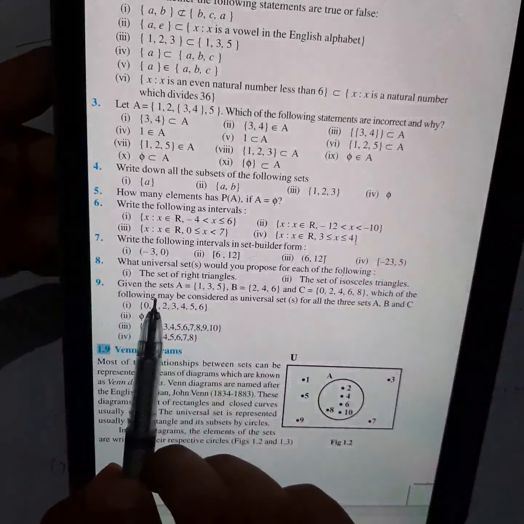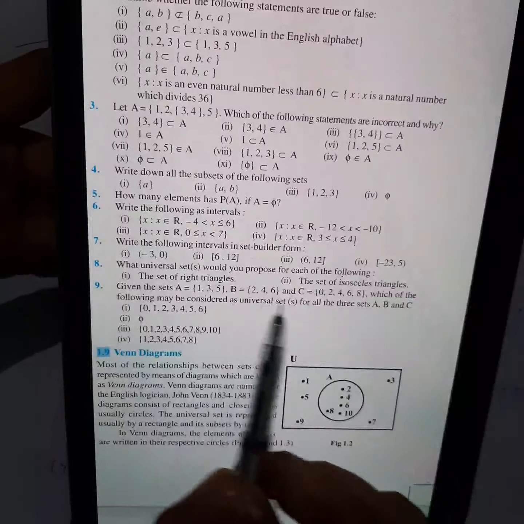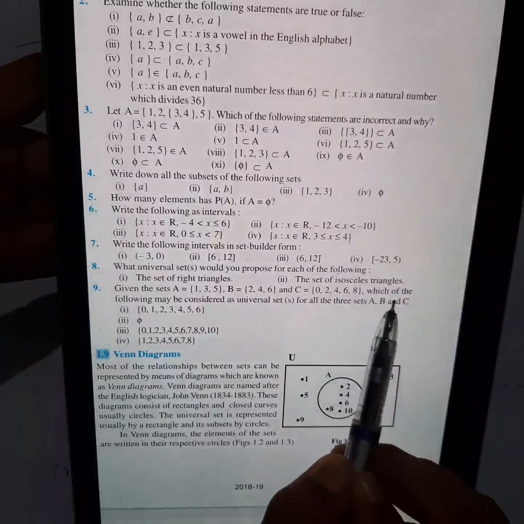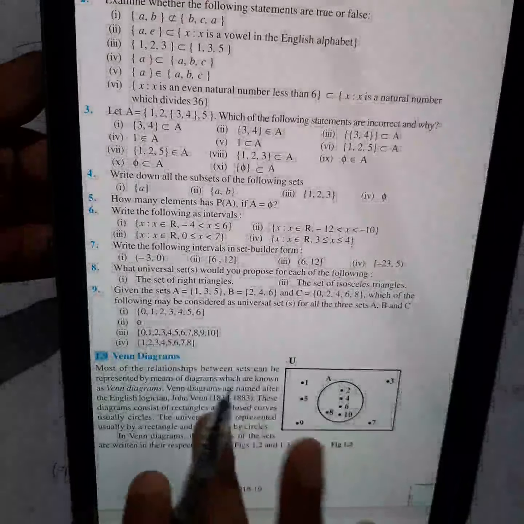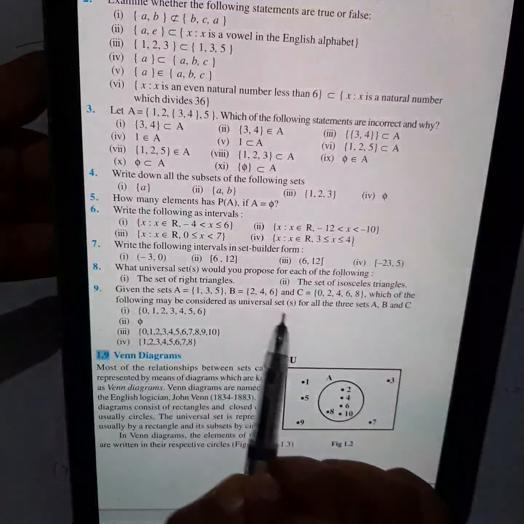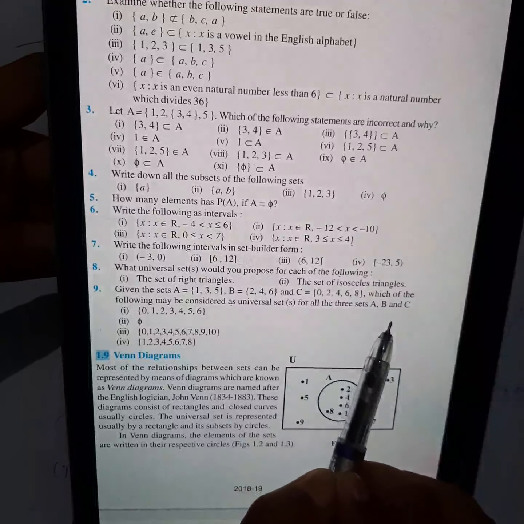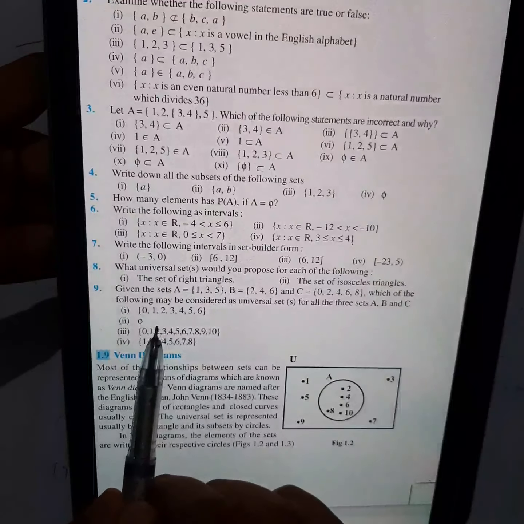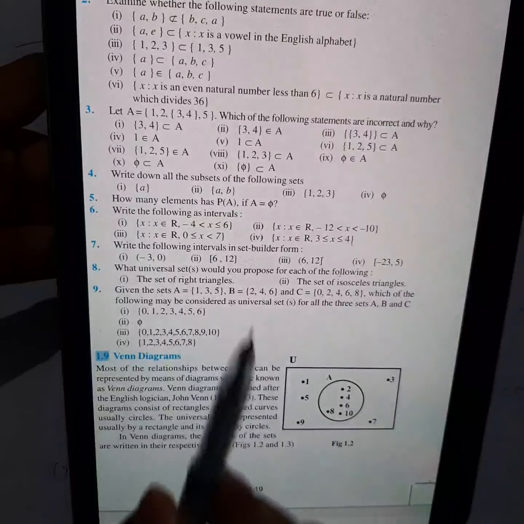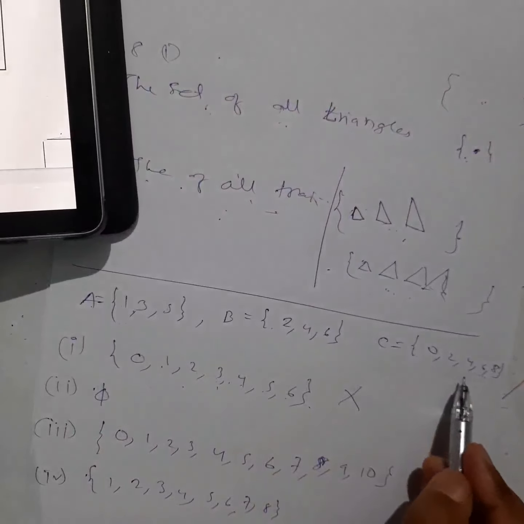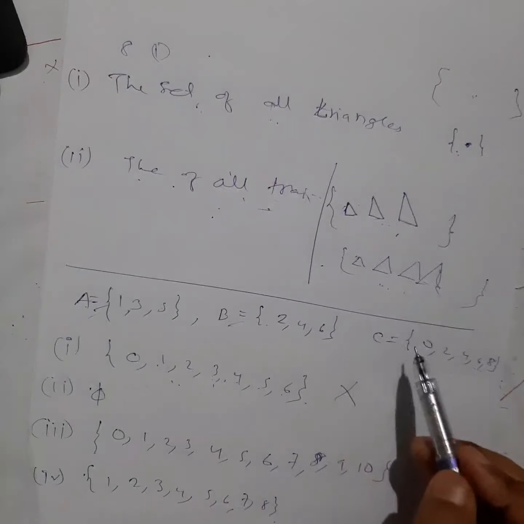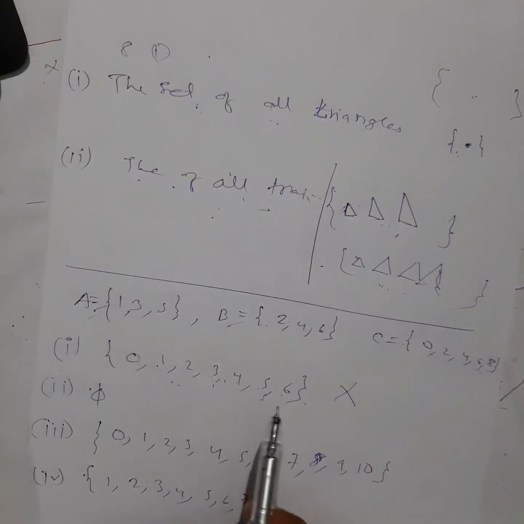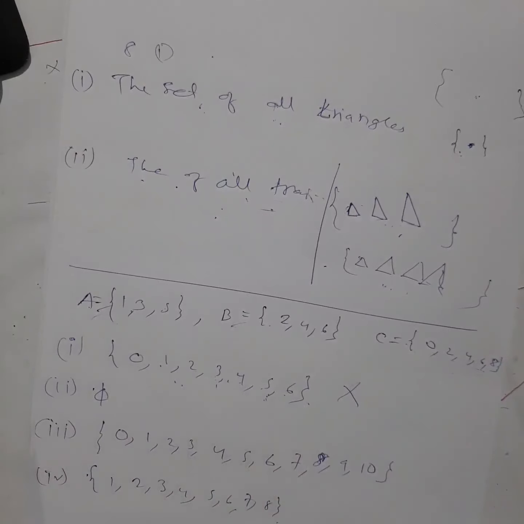Given the sets A, B, C, they are asking which of the following may be considered as the universal set for all three sets. So this cannot be the universal set for all three, because I have seen for A this is universal, for B this is universal, but for C this is not.